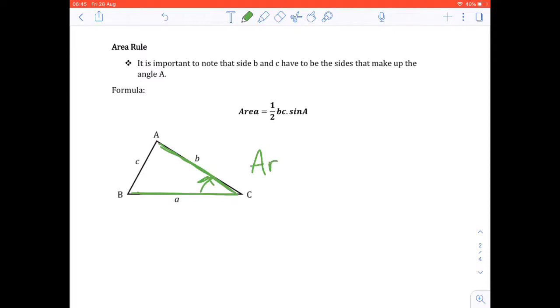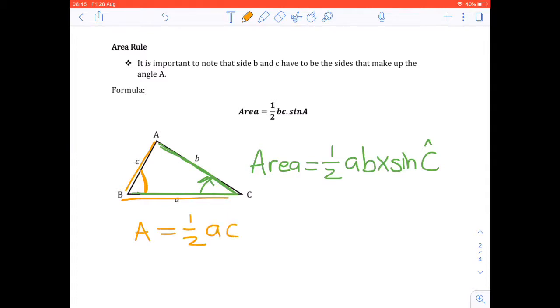So the formula could be rewritten as area equals half a, the one side, times b, the other side, times sine of that angle we're working with, C. And of course you could do this again, working with angle B. Then you would have area equals half a times c times sine of B. So it's not so much about labeling things exactly as A, B, and C. It's more about the relation between the specific sides and angle that we are working with.